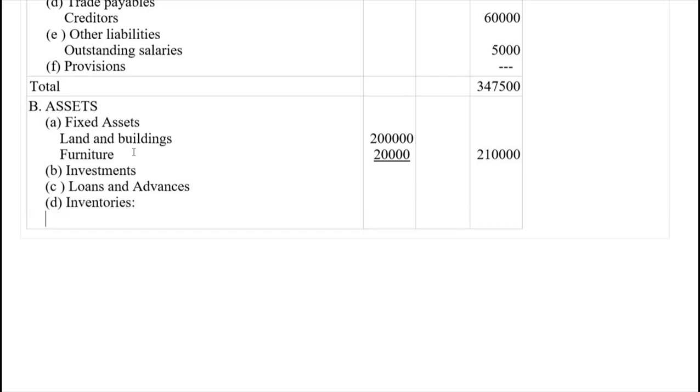Under this we have got closing stock here. Closing stock directly, let me take to the outer column here. So the closing stock is valued at rupees 60,000.